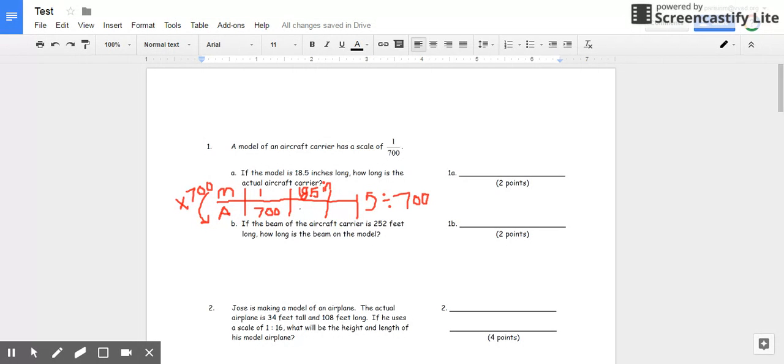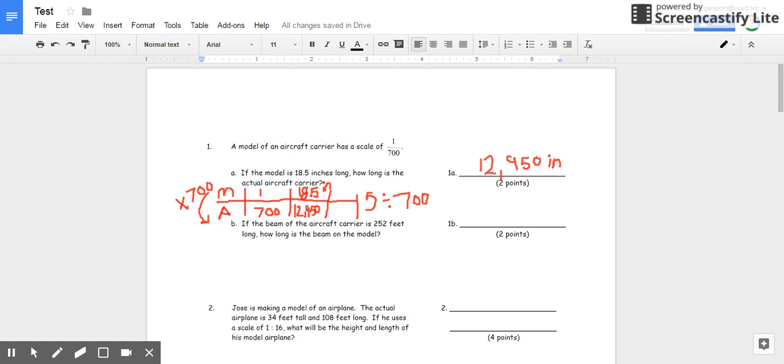So 18.5 times 700 is going to give us 12,950. And that's going to be our actual, so it's going to go on the line. And since our model was in inches, our actual is going to be in inches.